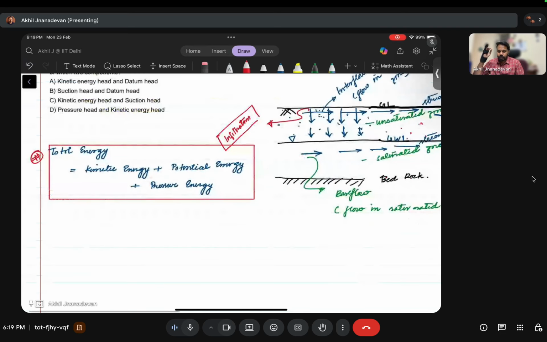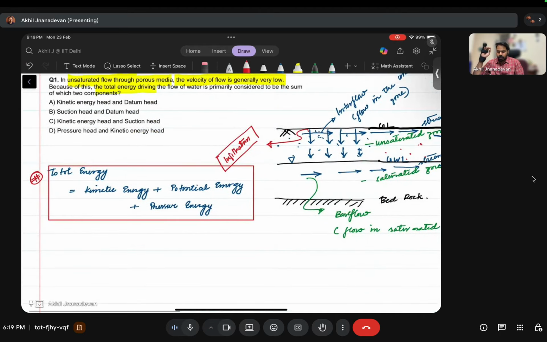So we already know that. Now they are asking us the total energy that is driving the flow in the unsaturated medium.